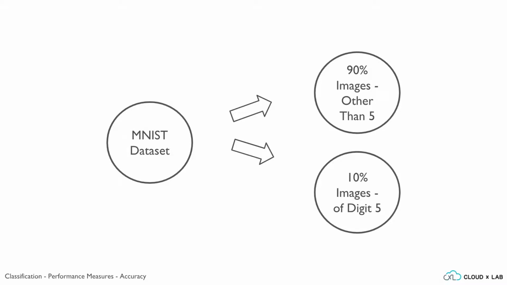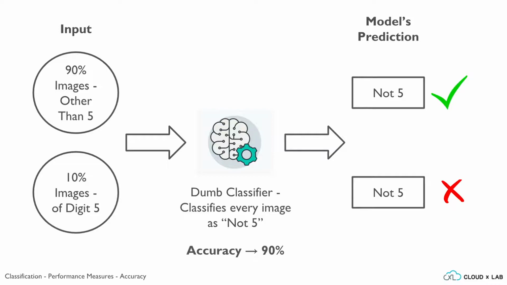There is a huge class imbalance between the two classes, and such a dataset is called skewed dataset. If you always guess that an image is not 5, you will be right about 90% of the time. This demonstrates why accuracy is in general not the preferred performance measure for classifiers, especially for skewed dataset.